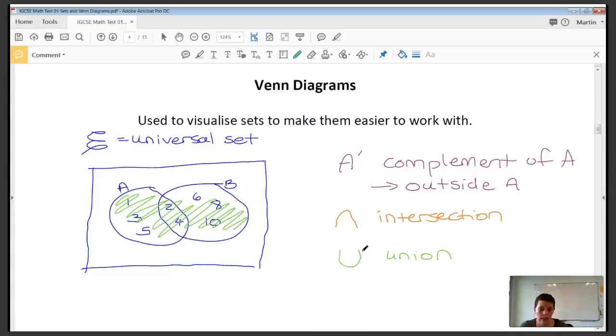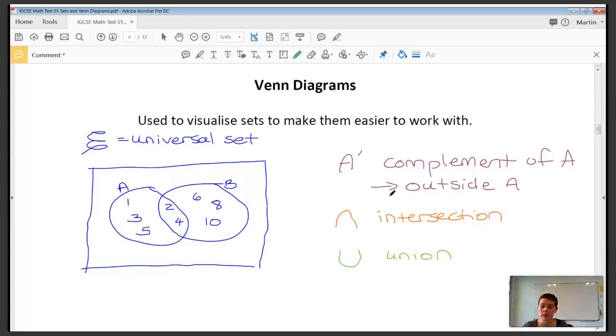Okay, so union is like a U, intersection, you flip it over. And the complement is what is outside what we're talking about. So that is now basically all the theory behind sets and Venn diagrams.